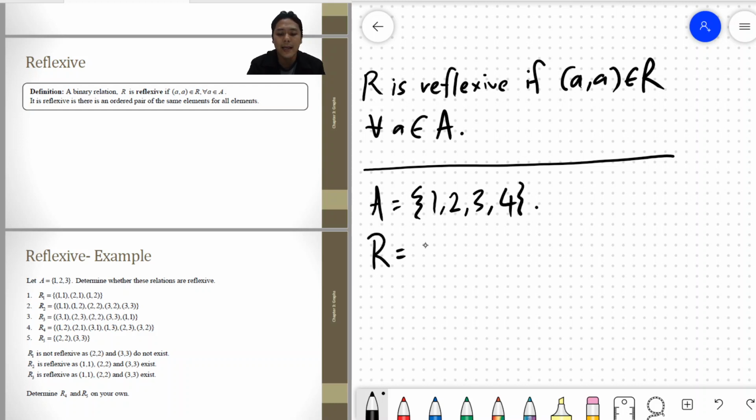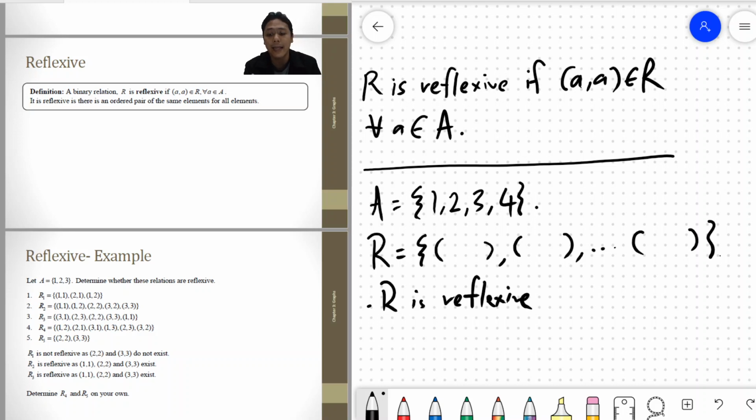We don't list down yet what the ordered pairs inside are, but R will be reflexive if we have this idea of ordered pairs (a, a). Right now we have 1, 2, 3, 4. It is reflexive if we check in the given R, it has (1, 1), (2, 2), (3, 3), and (4, 4).